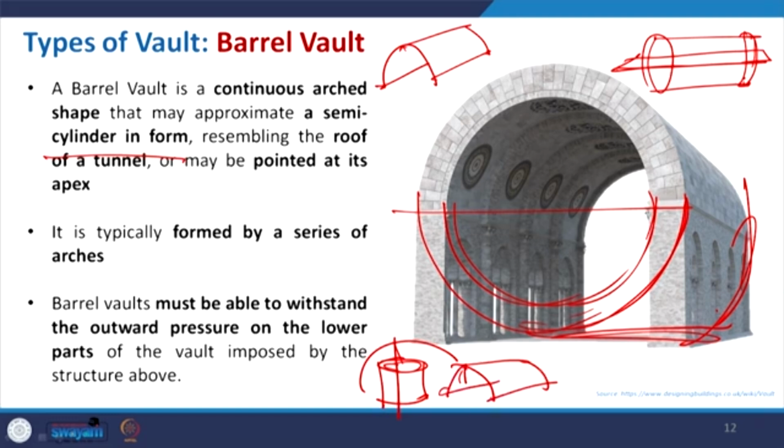This can be used as a roof of the tunnel, as I mentioned, when we make the underground, and maybe pointed sometimes. We will not always get this particular thing in a semicircular form. Sometimes you can also get other forms. Even in some of the images we have seen that it is formed by a series of arches, which is a common phenomenon. The barrel vaults must be able to withstand the outer pressure on the lower part.